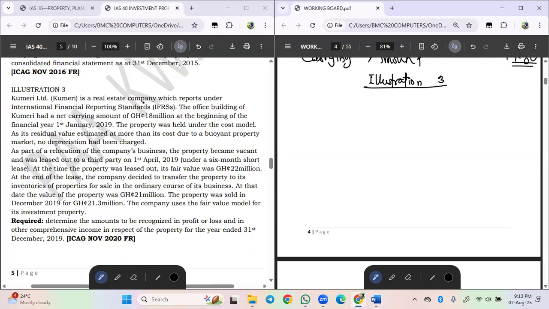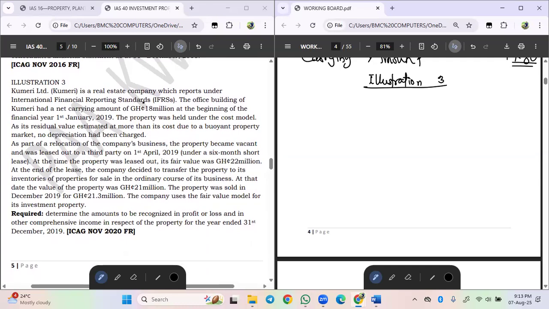No depreciation had been charged. As part of a relocation of the company's business, the property became vacant and was leased out to a third party on 1st April 2019 under a 6-month short lease. At the time the property was leased out, its fair value was 22 million.